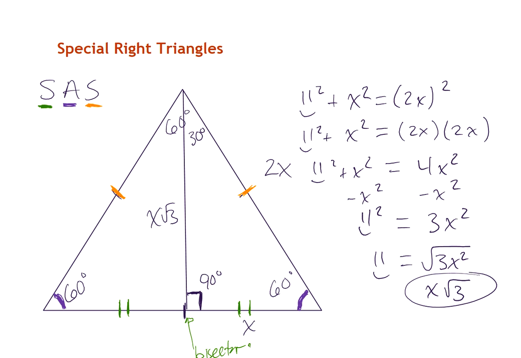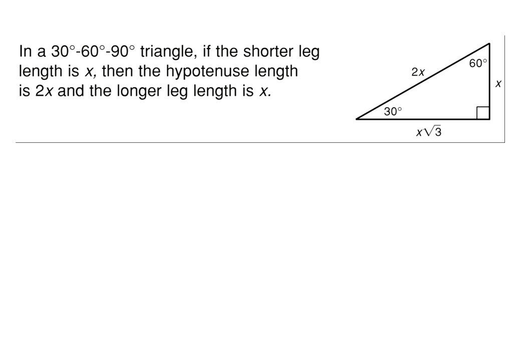So just for example, if the hypotenuse was 10 units long, this short leg right here would have to be 5 units long, and the longer leg would have to be 5 times the square root of 3 units long. So this is summarized by this diagram, right?